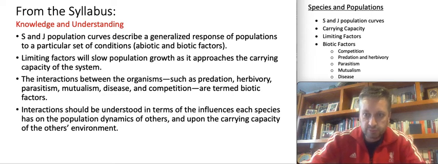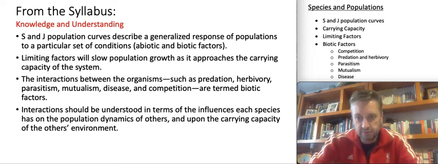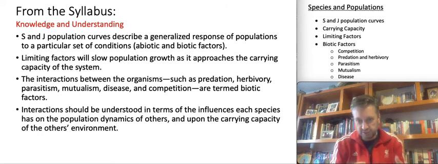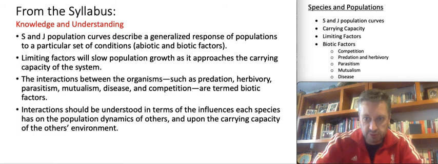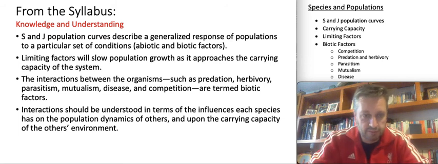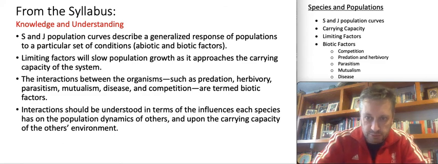Then we look at possibly the most obvious interaction, which is feeding interactions of predation and herbivory, parasitism, mutualism or symbiosis, where species live together for mutual benefit, and then finally disease. And as I said, we're looking specifically at the interactions between different species and individuals of the same species, which we'll term biotic factors.